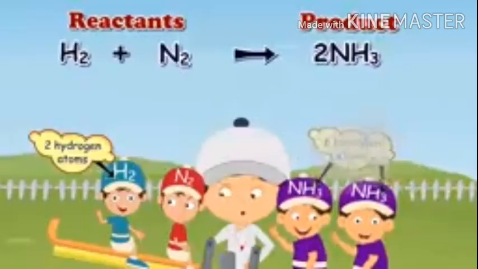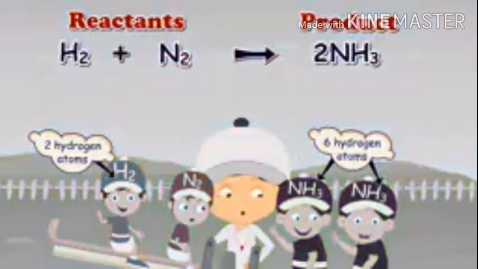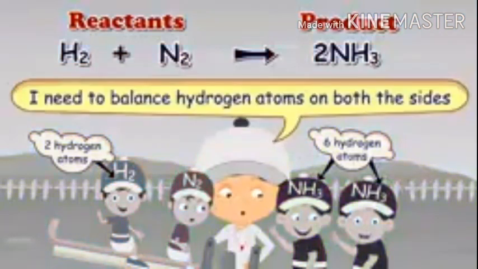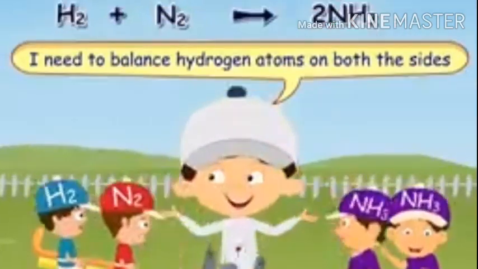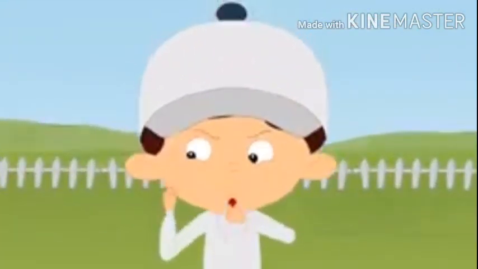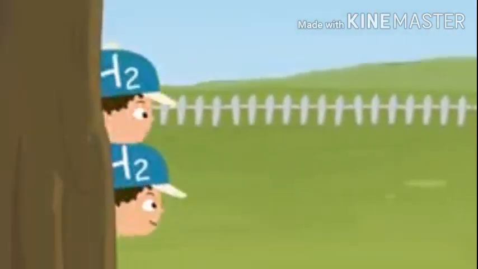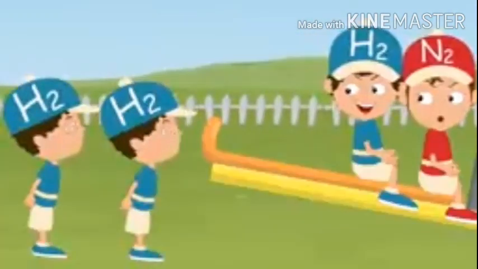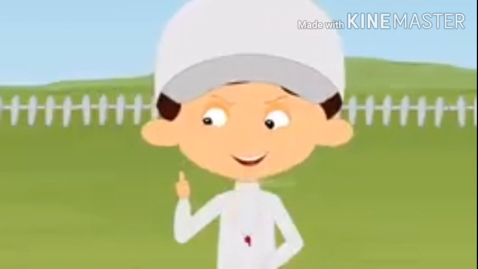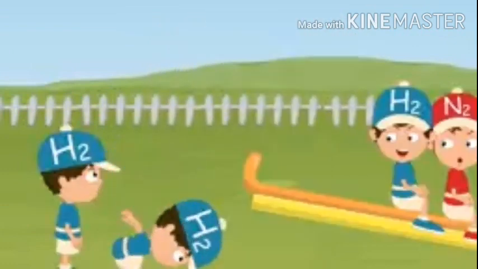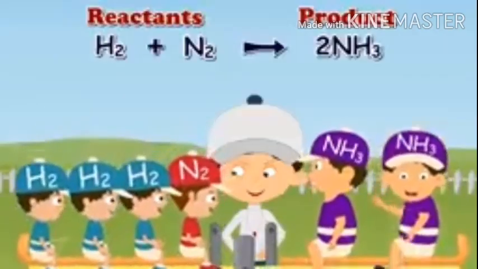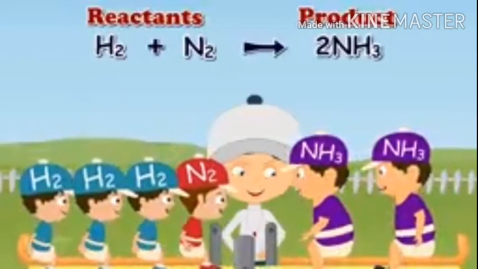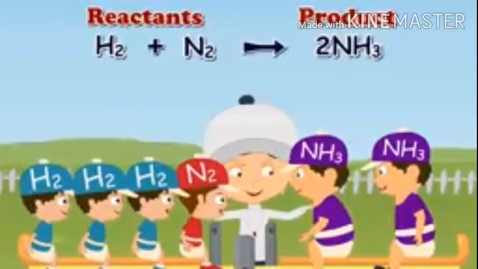If we add 2 more molecules of hydrogen on the reactant side. So let us add now. That is H2 plus H2 plus H2. 3 you are going to add. So now it is 6, which is equal to the number of hydrogen atoms on the product side. It is a perfectly balanced chemical equation.